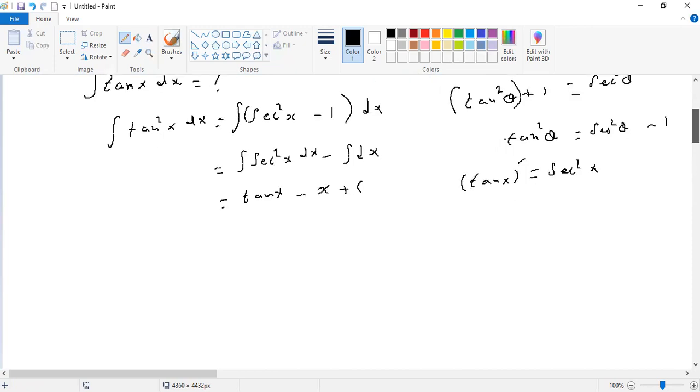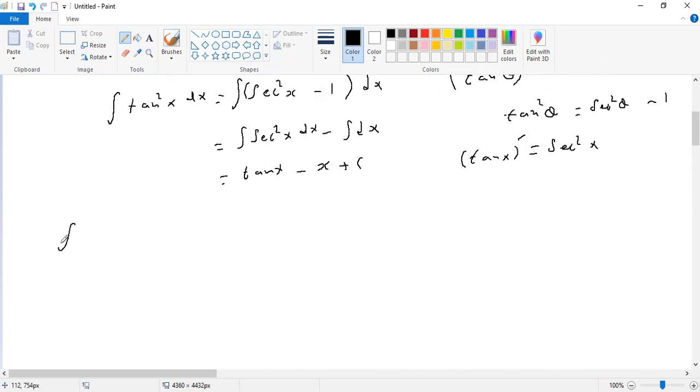Now, what about the integral of tan cubed x dx? We know the derivative of tan is secant squared, so we have to write it as tan x times tan squared x dx. Why?